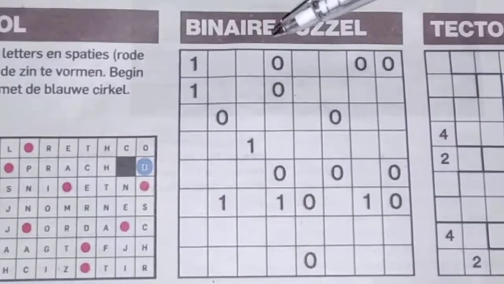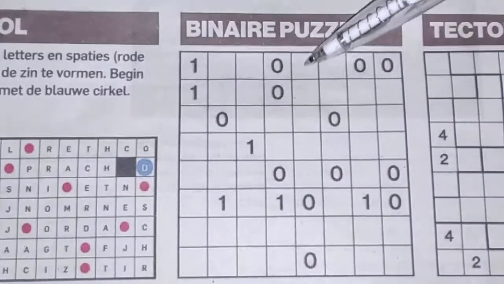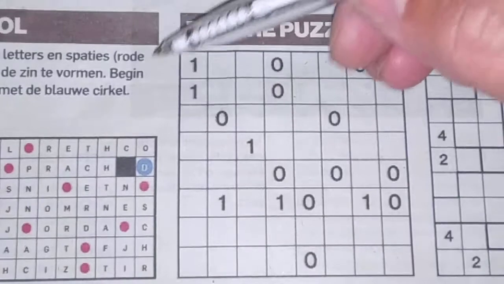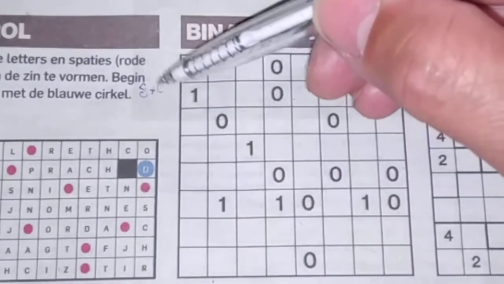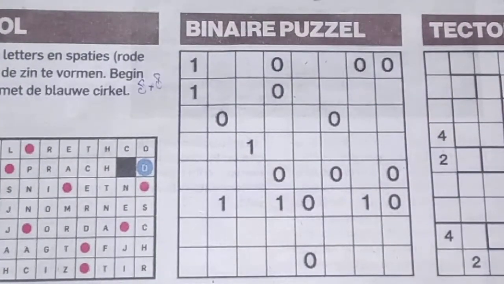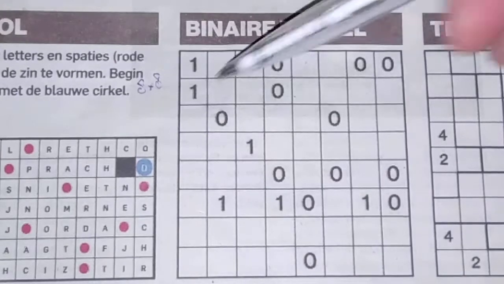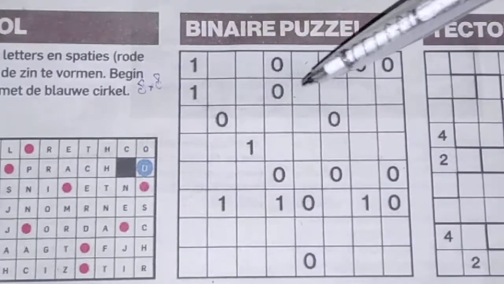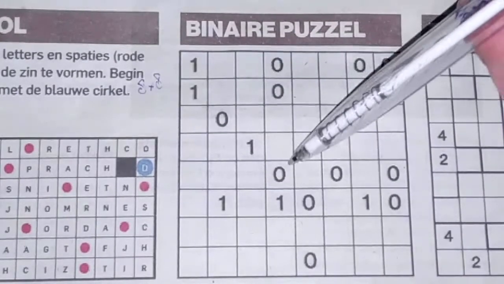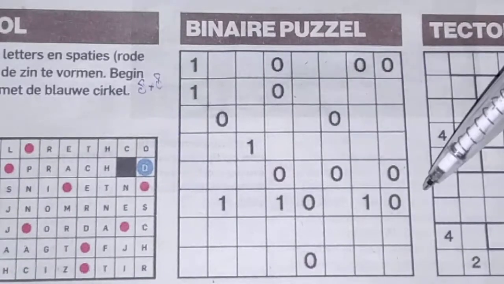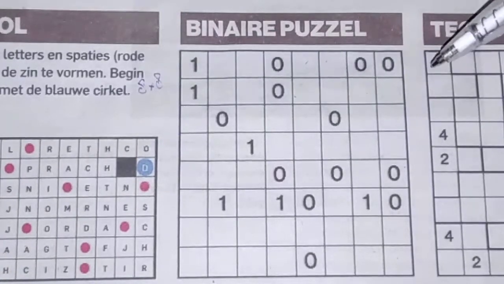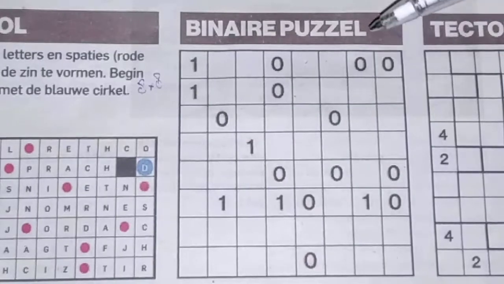We have here 1, 2, 3, 4, 5, 6, 7, 8. An 8 by 8 binary puzzle. That means in a row or in a column there are always 4 zeros and 4 ones. So let's get started.